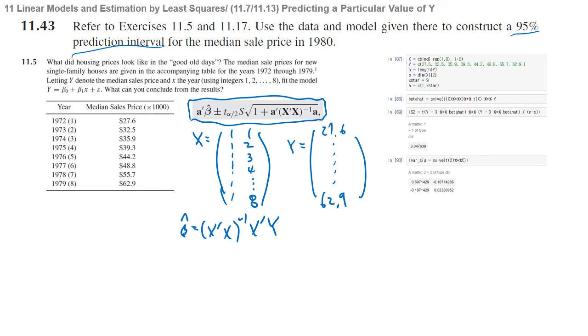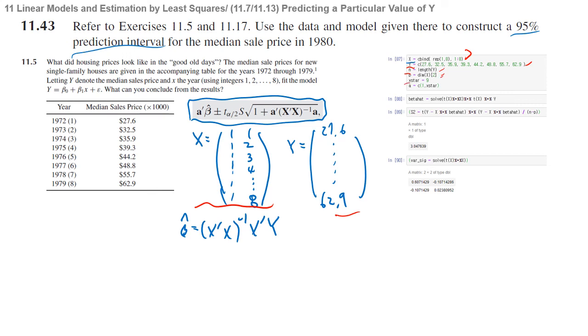Our X matrix can be written as this, and our Y vector can be written as this. n, the number of observations, is the length of Y, and the dimension of X, the number of parameters to estimate, p, is 2.